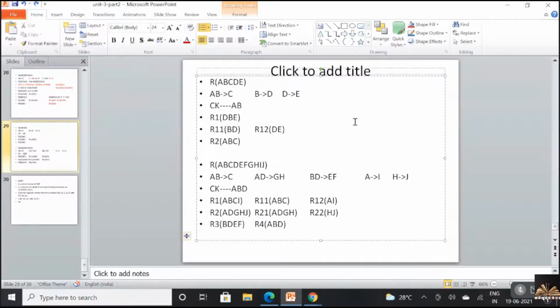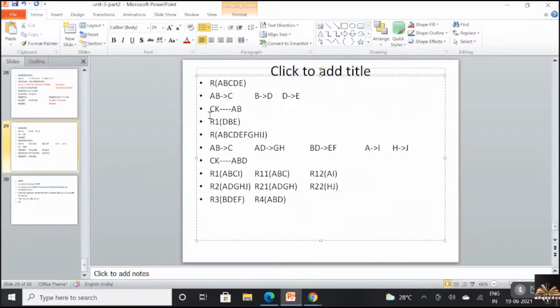Now, looking at the FDs, I'm working with the first FD, AB implies C, and A implies I. Is AB part of a super key? No. Is C a prime key attribute?